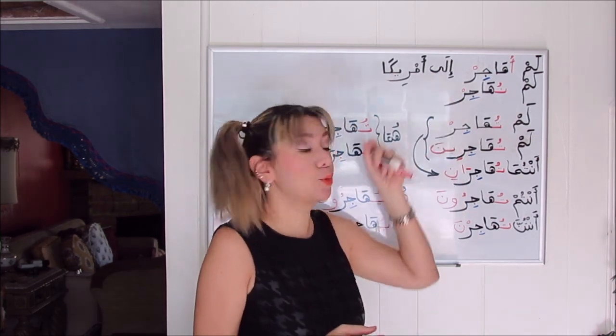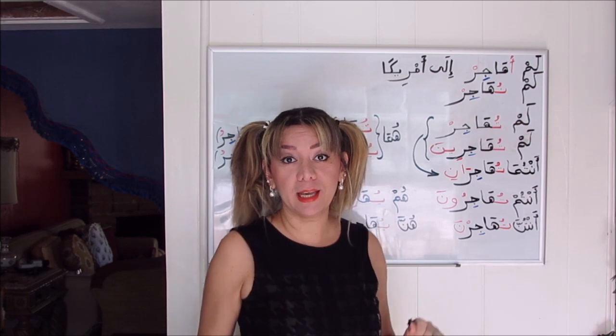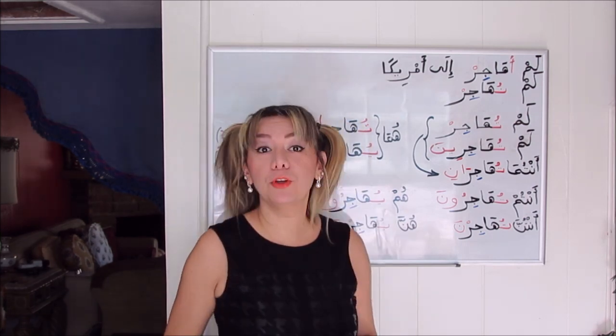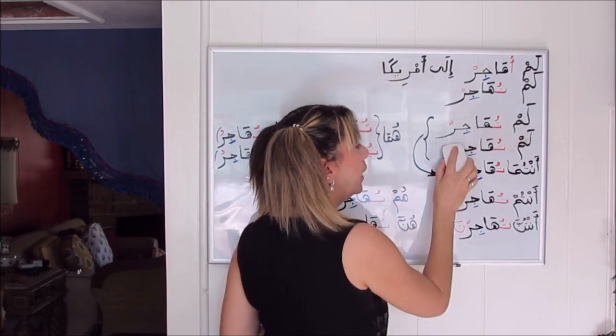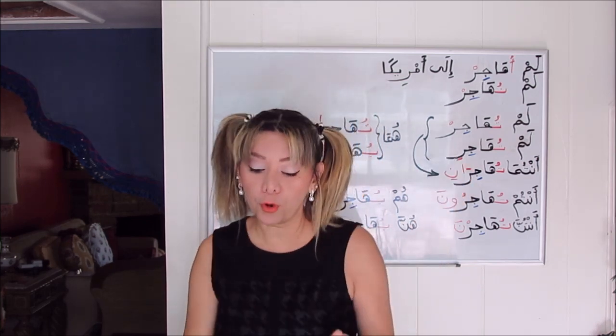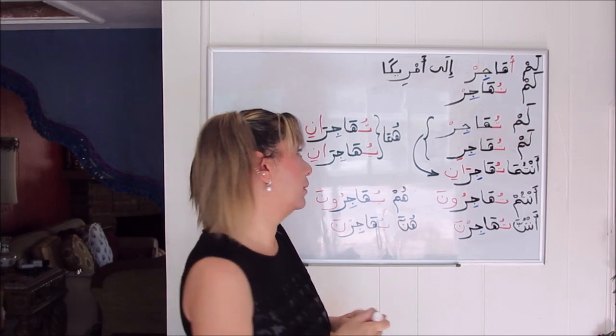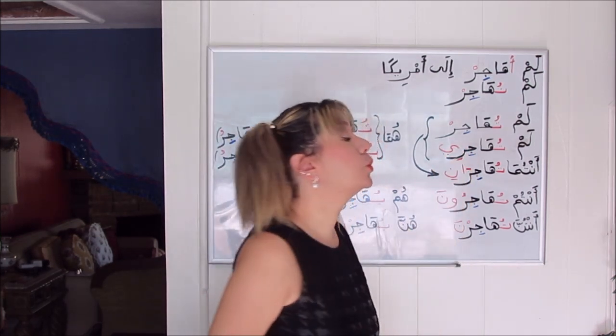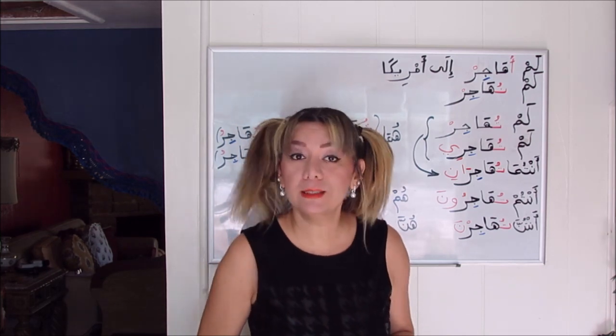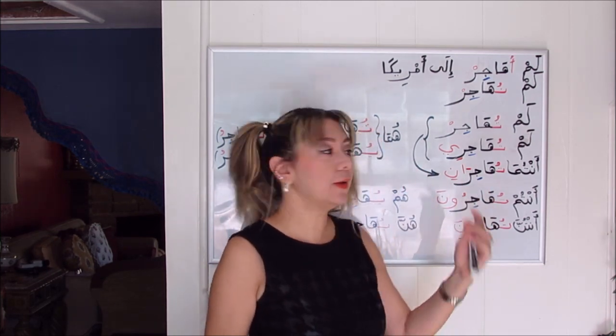Since we don't have a dhamma to eradicate, we get rid of the noon. The noon has to be gone, and we have to fix the form of the ya, put it in its final form. لم تهاجري. You didn't immigrate to America.